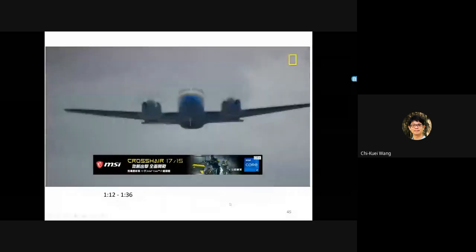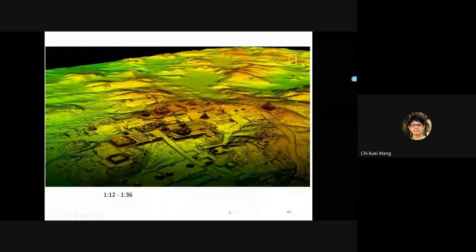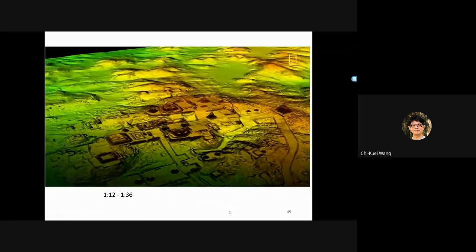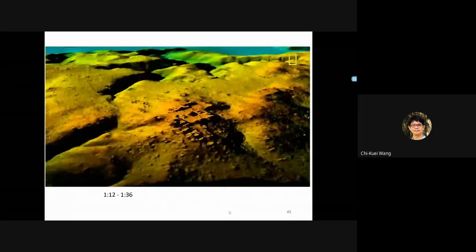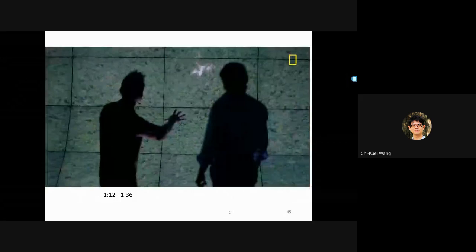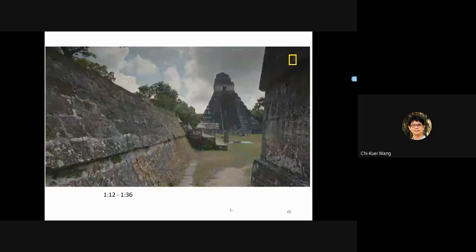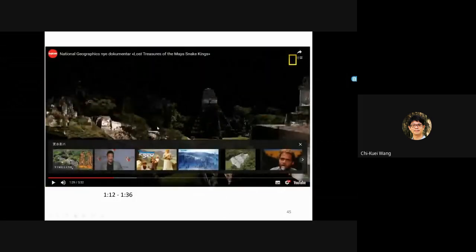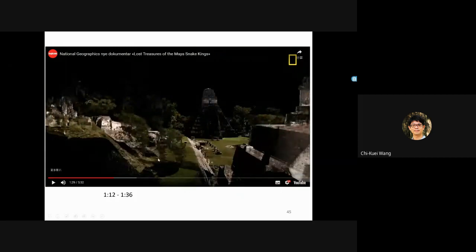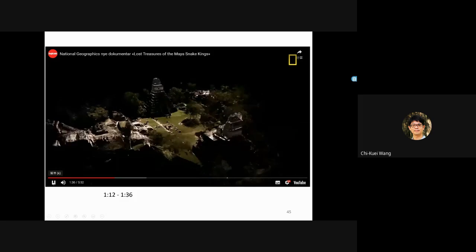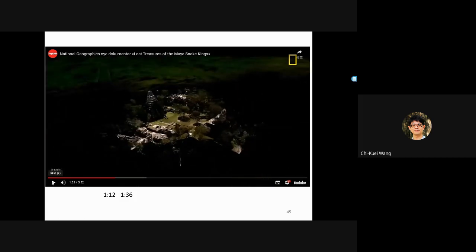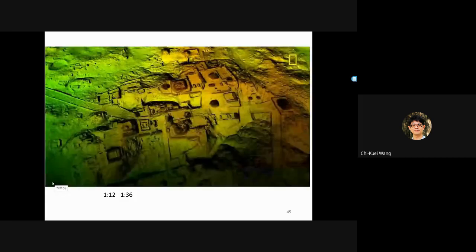This is in South America. They use LiDAR to see the Maya. Airborne LiDAR, I think you can see. This one is more interesting. It looks like very high resolution. Now it flies out and becomes low resolution.